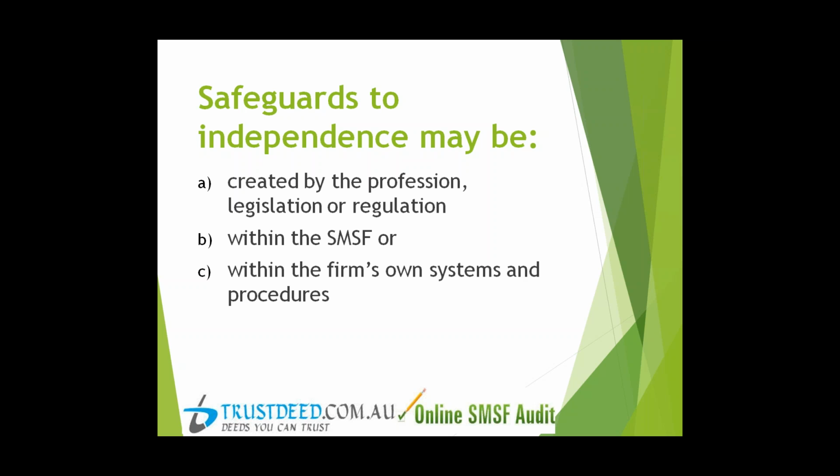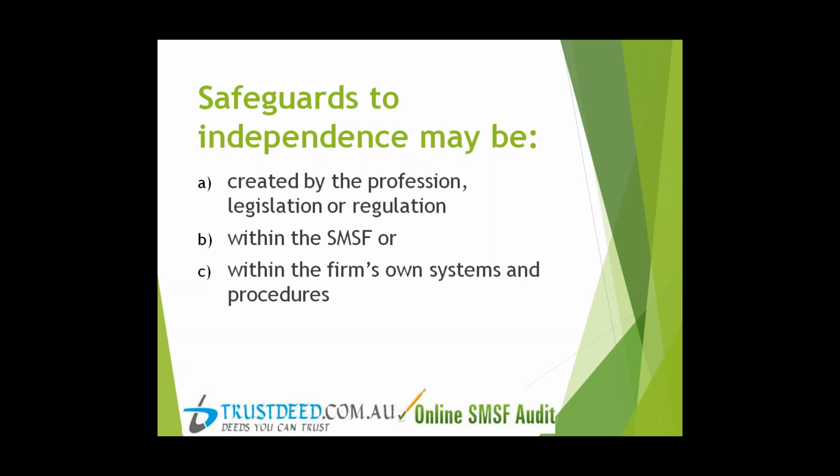Safeguards within the fund may be limited, as many SMSFs are small entities with limited scope for segregation of duties. Hence, reliance on internal safeguards may not be possible, and you may rely on the safeguards created by regulation and those created by internal systems within your firm.